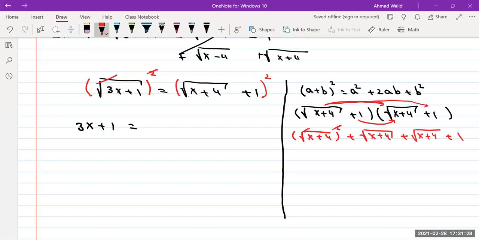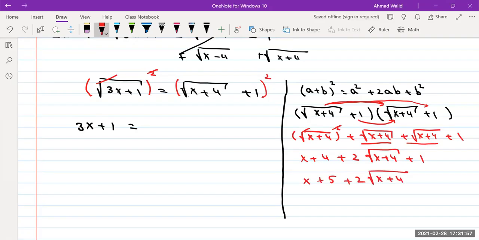Here, you have x plus 4, plus two square roots of x plus 4, since square root of x plus 4 plus square root of x plus 4 gives you 2 square root of x plus 4, plus 1. Combine like terms: x plus 5 plus 2 square root of x plus 4.